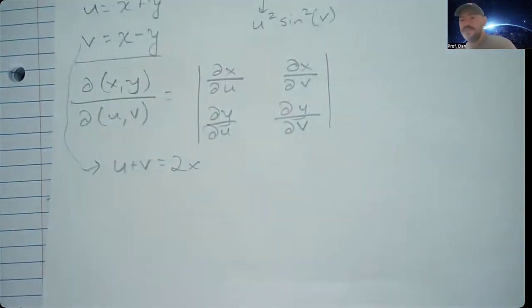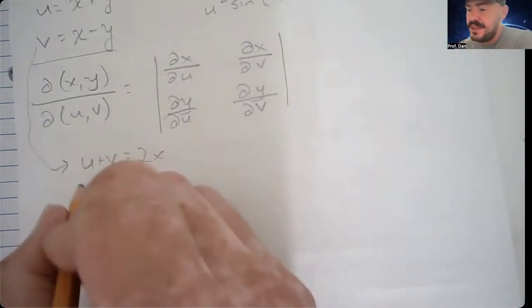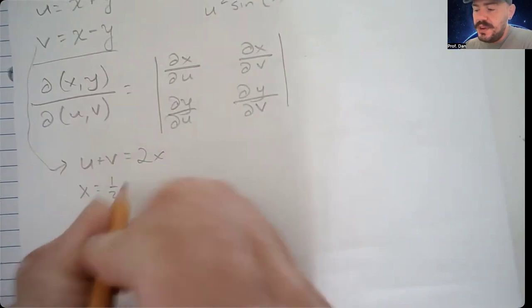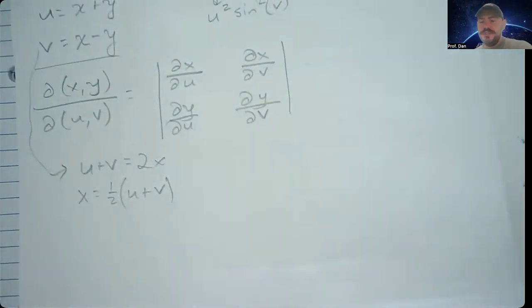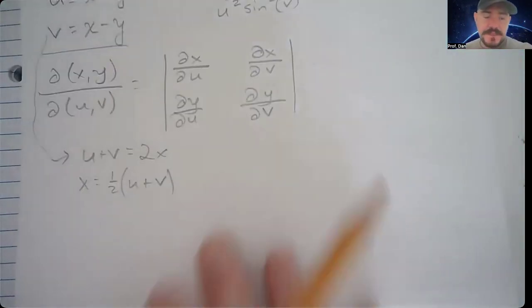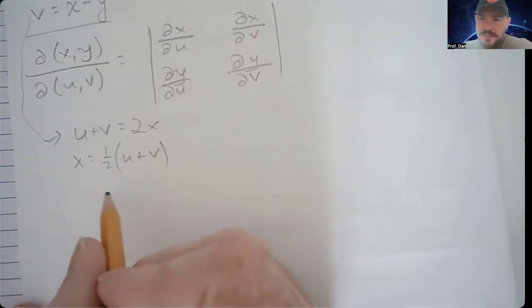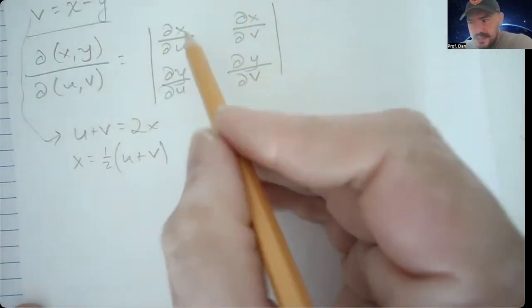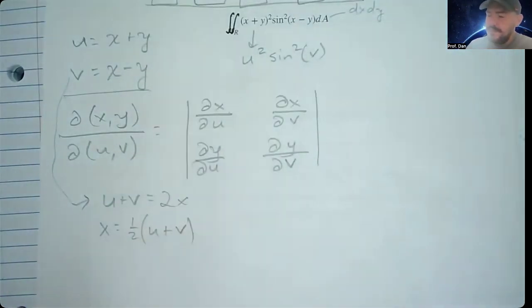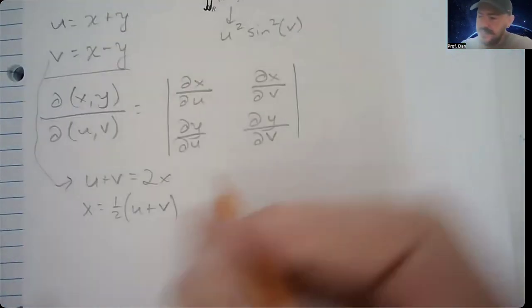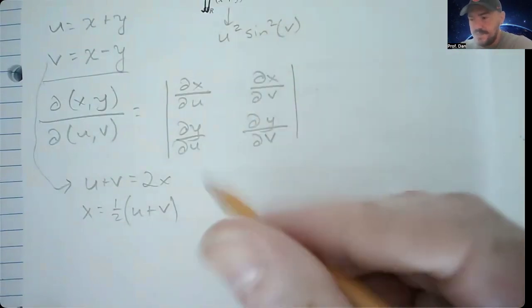So now I have u and v and just x by itself in one equation, meaning that x would be equal to 1/2 times u plus v, or u plus v over 2, same thing. That gives me an expression for x that I can then take to my Jacobian matrix. However, before I do that, I need to figure out a similar equation for y.